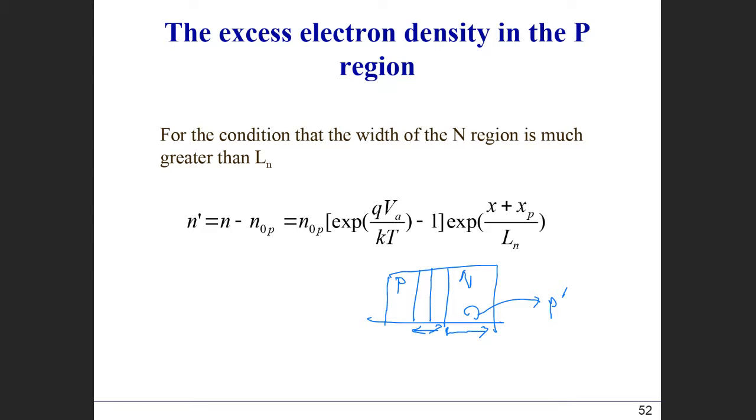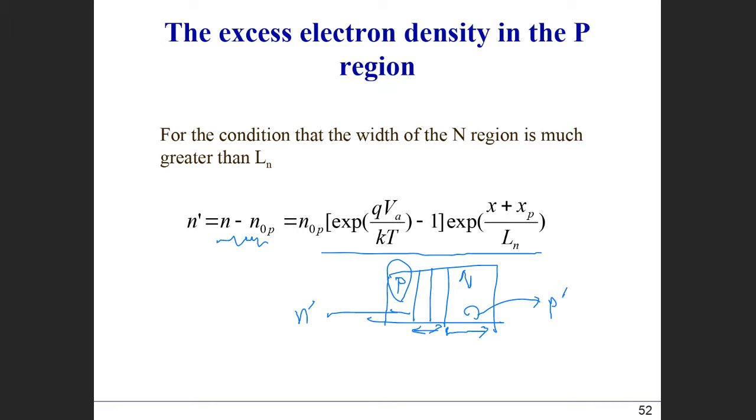Now, a similar concept we can apply to the P side. The P side minority carrier is going to be electrons, and then the excess electron concentration. If we apply the similar concept, then we can have this kind of general equation.